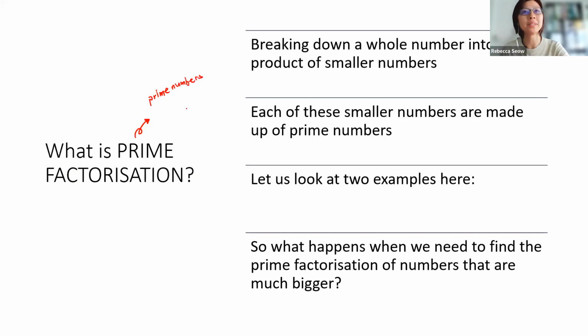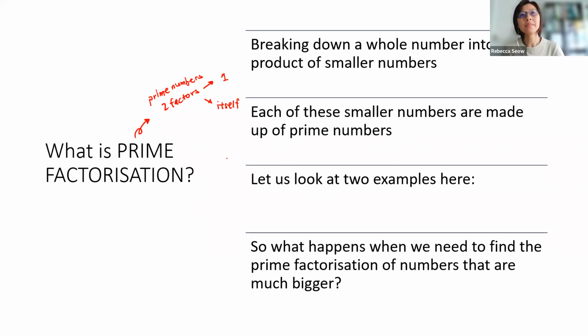So what are prime numbers? Prime numbers are numbers that can be broken down into the product of two factors, and it would be the factor of 1 and itself. Okay.